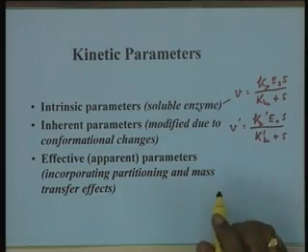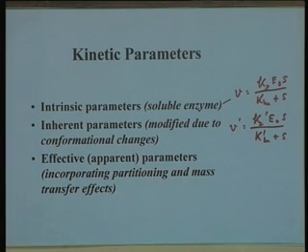On the other hand, in case the mass transfer effects are very severe, they can be totally rate limiting steps, that means the whole rate of reaction is controlled by the rate of diffusion. The biochemical reaction is very fast and the rate of diffusion is slow.